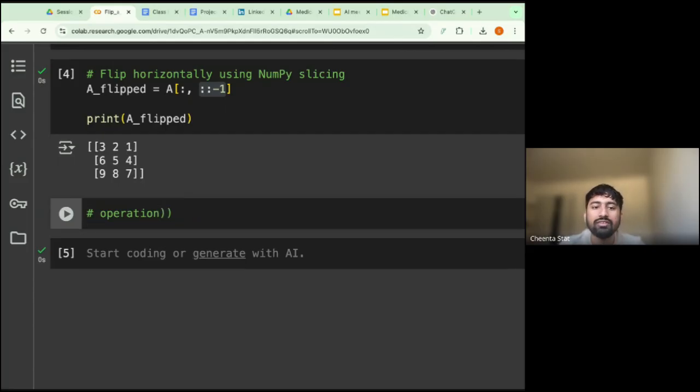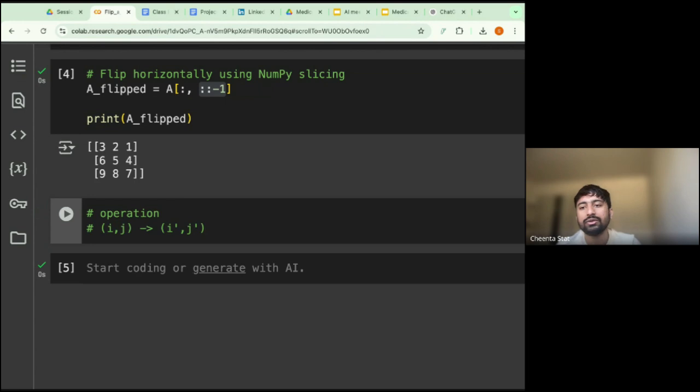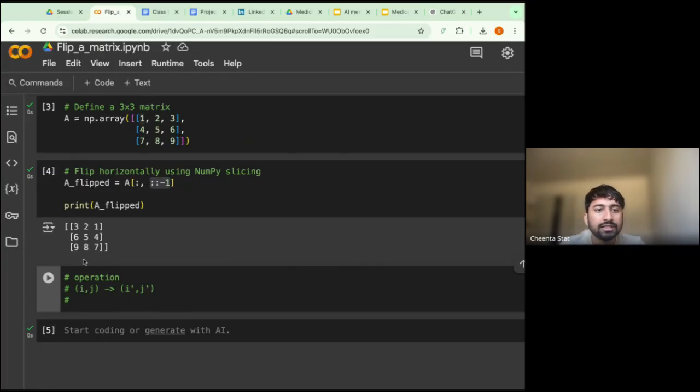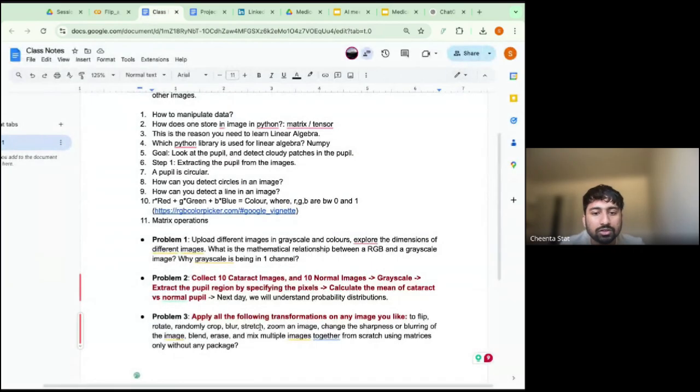Every pixel is going to somewhere else, right? Every matrix a i j is going to i dash j dash. How is it happening? What does flipping mean? Flipping means that, at least I would say do it for a 3 cross 3 matrix. Okay.